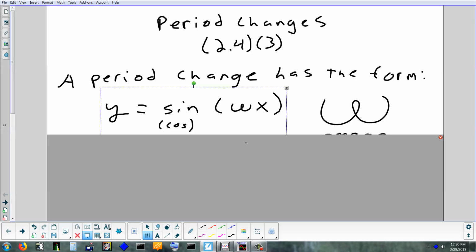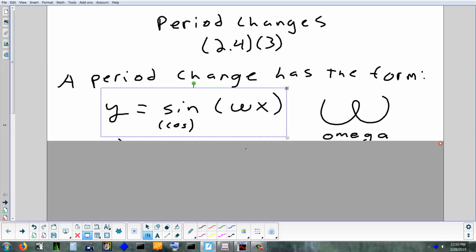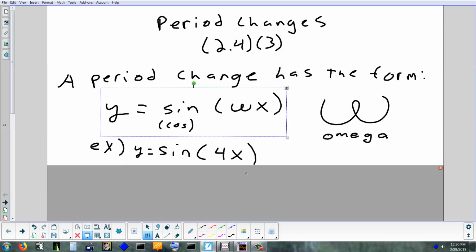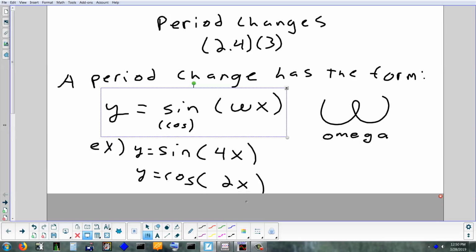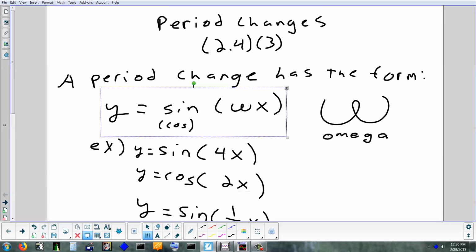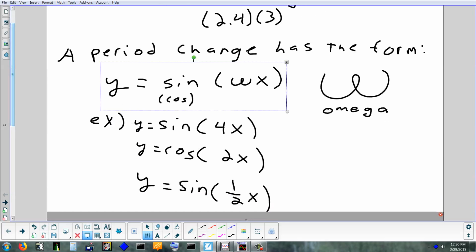Looks kind of like a W. But omega just stands for a number in front of x. So it could be like sine 4x, cosine 2x, or sine of 1/2 x. The important thing to remember is you are multiplying, and it is inside the parentheses.